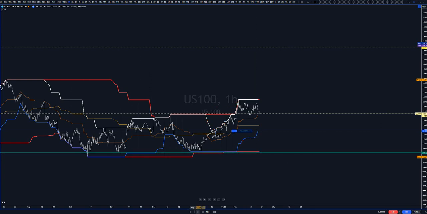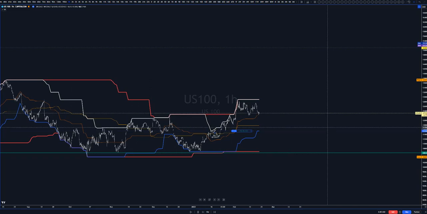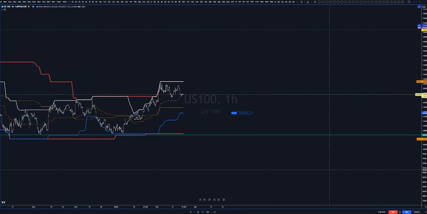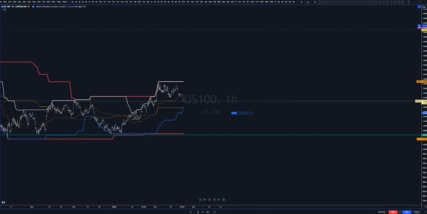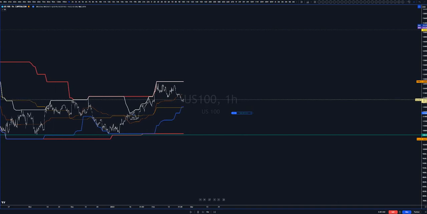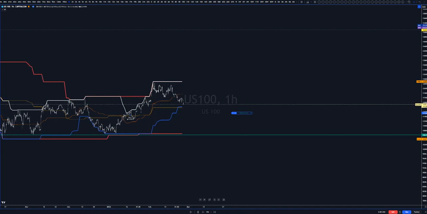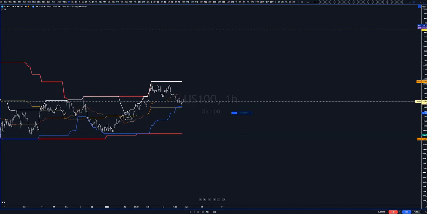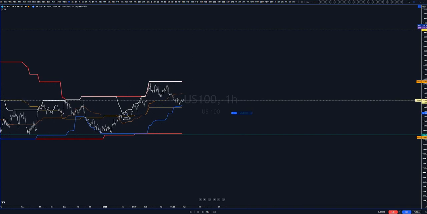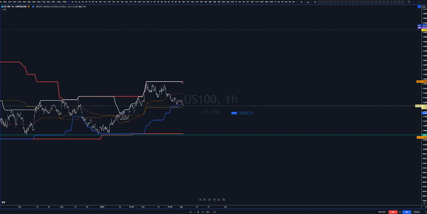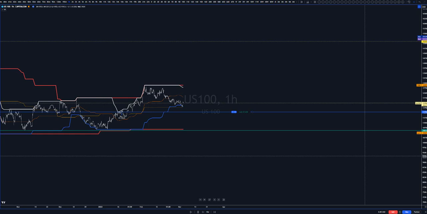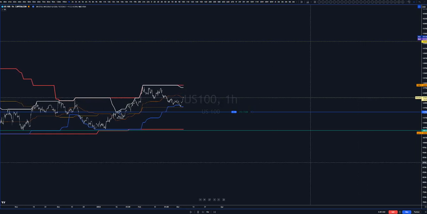So let's do this. Here we will have a big drawdown. But we are trading the trend here on 1 hourly chart.